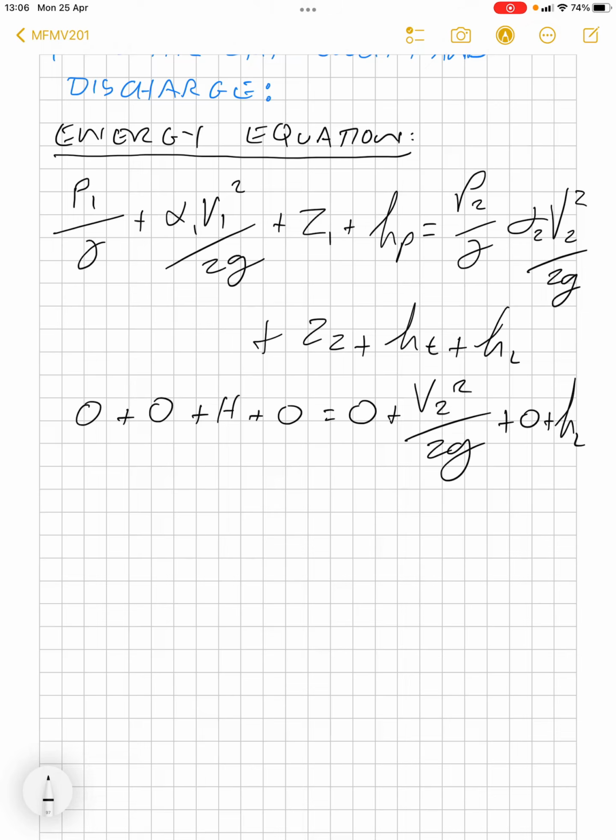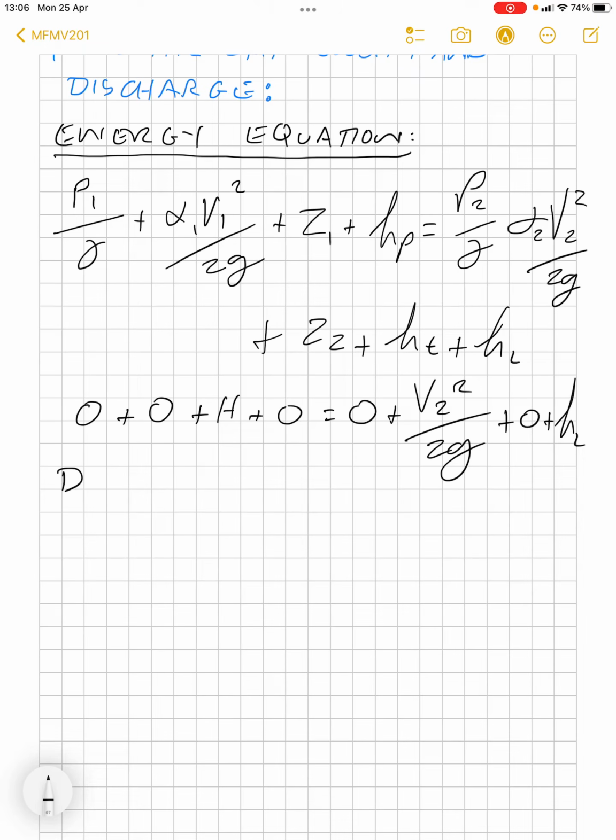So the only thing left in this equation is our static height, and then we have the term for the velocity and the term for the head loss. So essentially what we're saying is that the static height, or the potential energy of the water due to its height, is all converted into either a velocity head or a head lost in the pipeline.